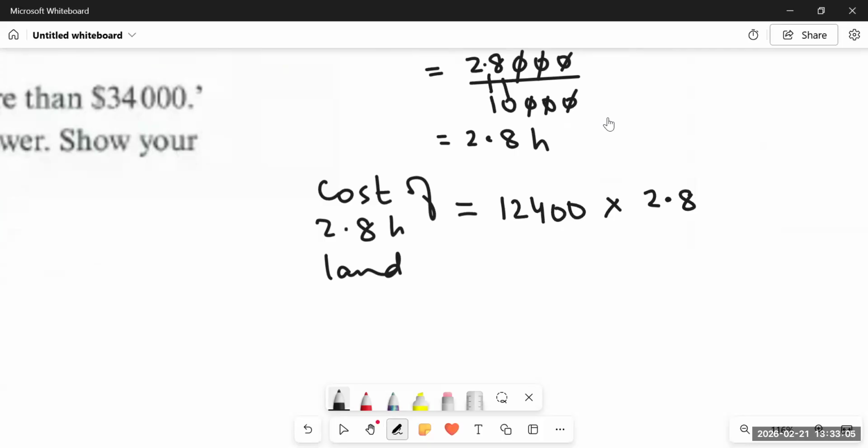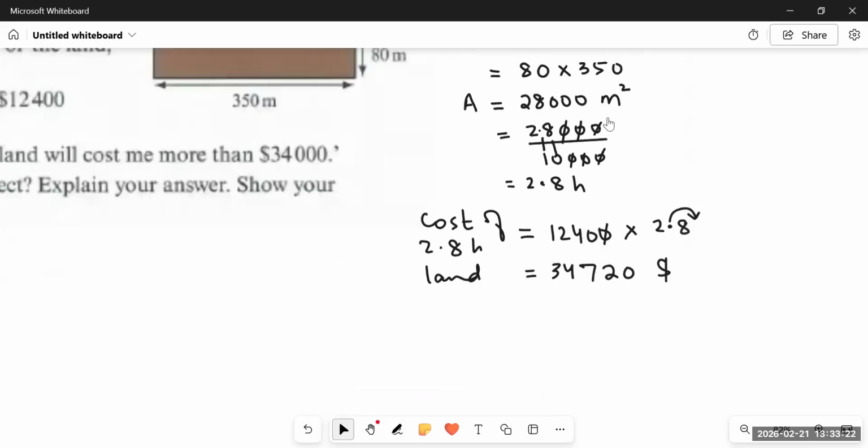When we move the decimal one place forward, 10 will be crossed, and we are left with 1240 into 28, and that's $34,720. It means the cost of this 2.8 hectares of land is $34,720. And what does the builder say?